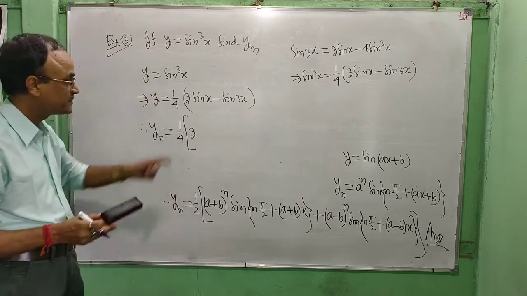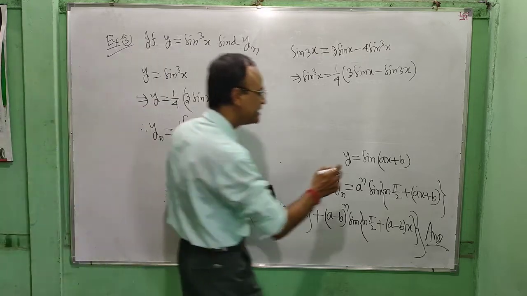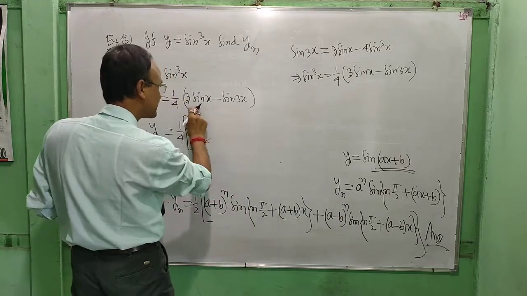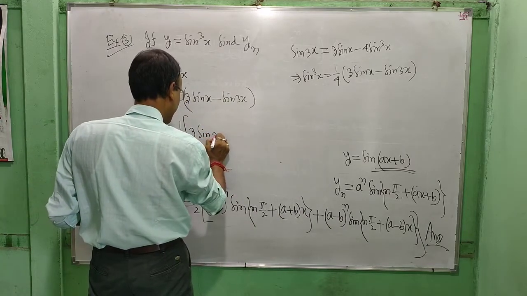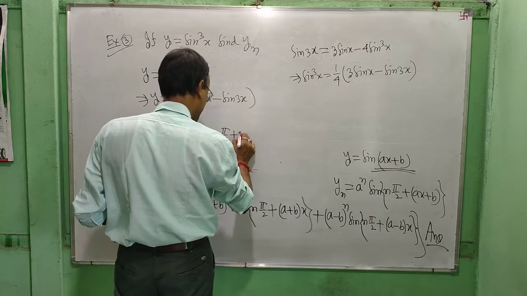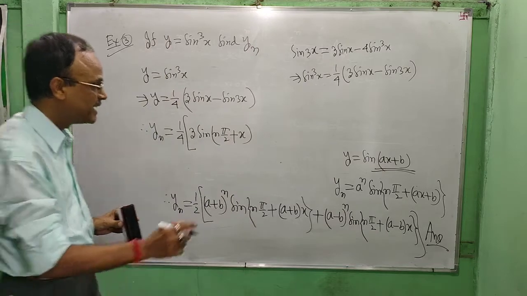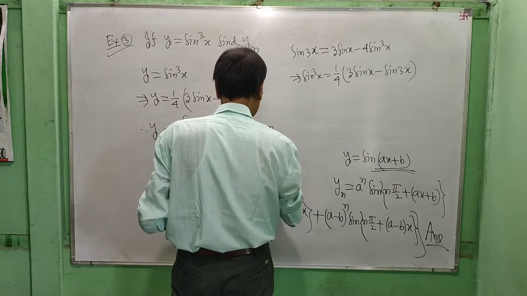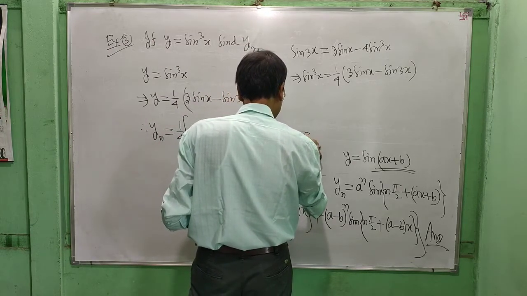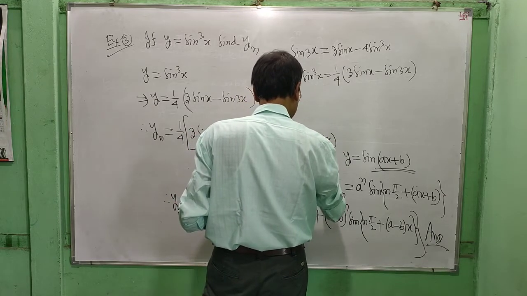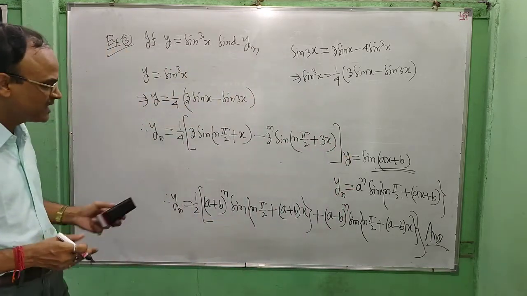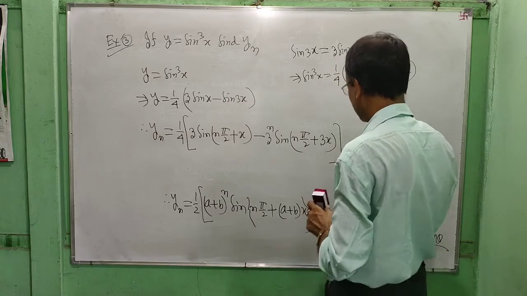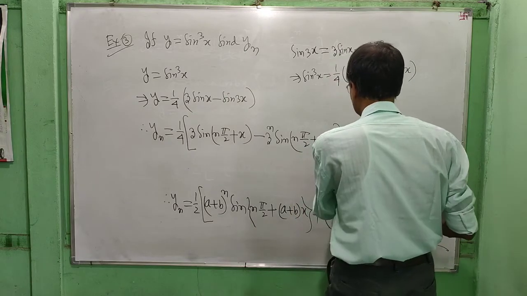Here a is 1 and b equal to 0, so it is 1 to the power n, sine of n times pi by 2 plus x, minus, here a equal to 3, 3 to the power n, sine of n times pi by 2 plus thrice x. This is the answer of this question.